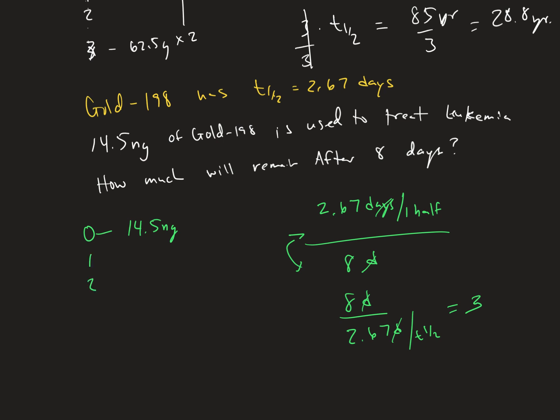So we're going to cut this in half 3 times, and this is what we're looking for. So 14.5 divided by 2 is 7.25 nanograms. Divide by 2 again is 3.625.